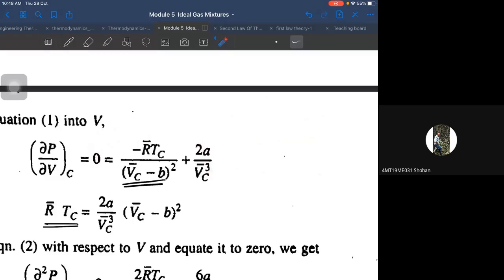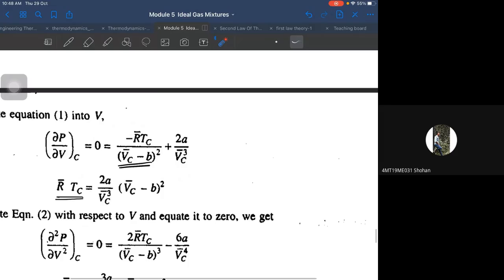Take the value of R bar into Tc in this expression, and just transfer the rest to the other side. You get R bar Tc is equal to 2A divided by V bar C cube into (V bar C minus B) whole square. Take this equation as number 3 here.